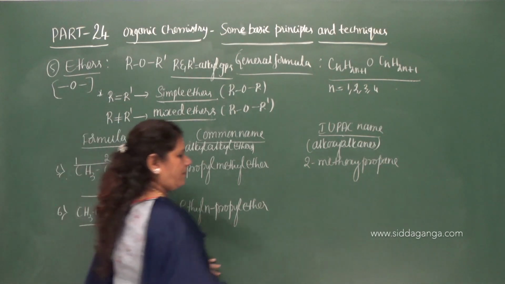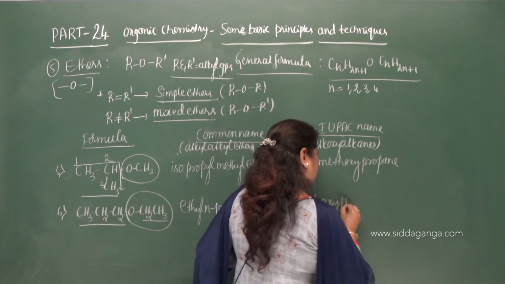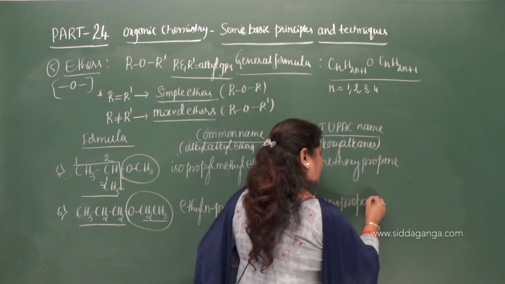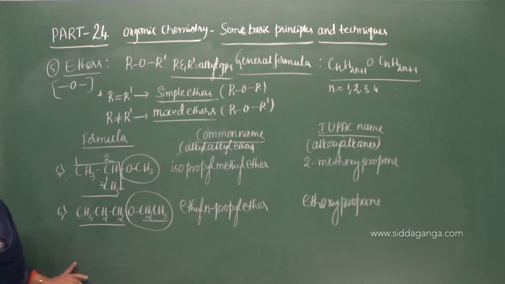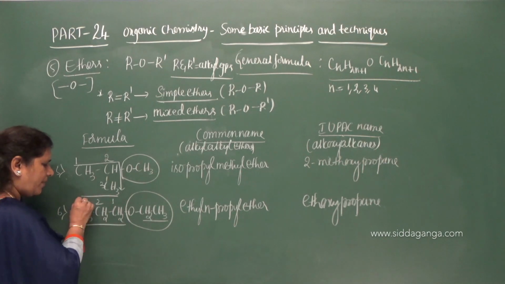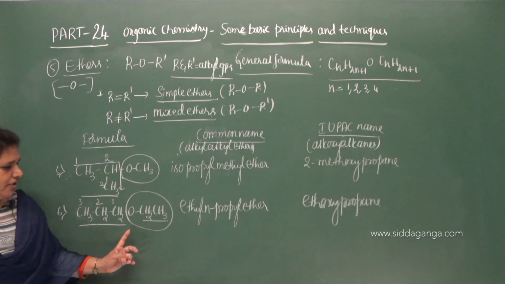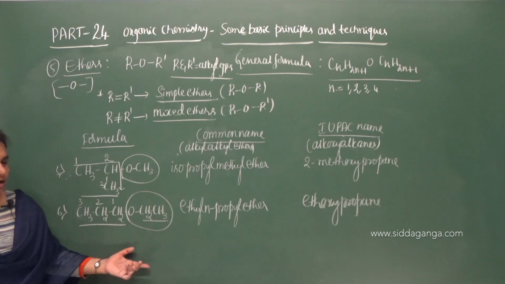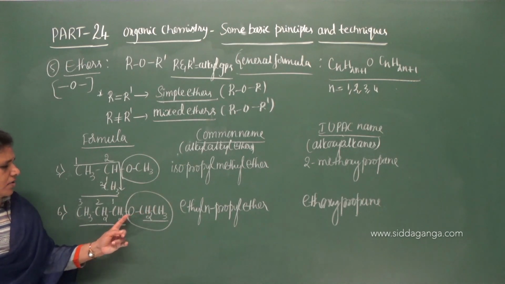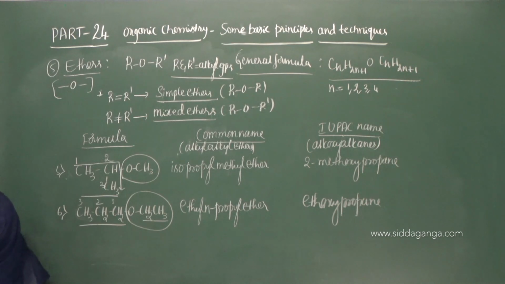Then the name will be ethoxypropane. So here there is no locant because to the first carbon atom of propane only the ethoxy group is attached. Therefore 1-ethoxypropane. You can ignore the locant 1 and hence the name will be ethoxypropane. So that is the IUPAC name of ethyl n-propyl ether.